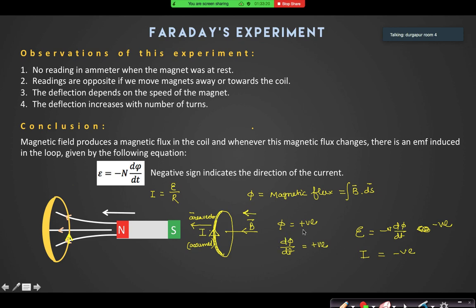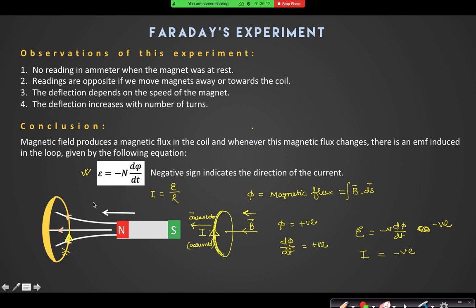So if d phi by dt is positive, E equal to minus is negative, and current is negative, which means your assumed direction is wrong. The current will be in the opposite direction. Right? So this formula gives you why the negative sign is there.